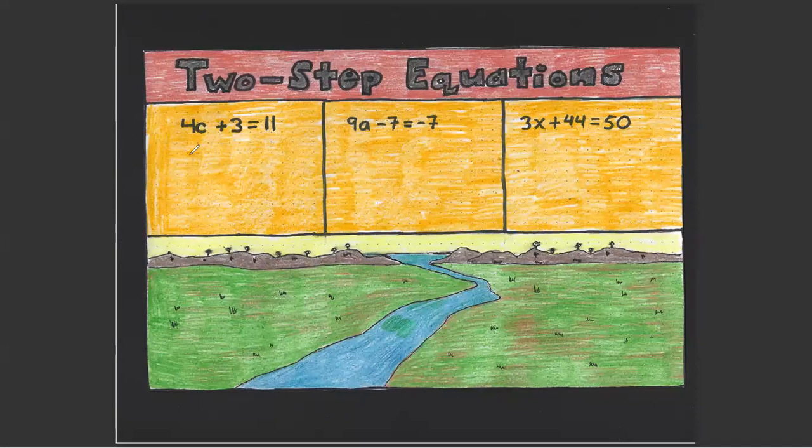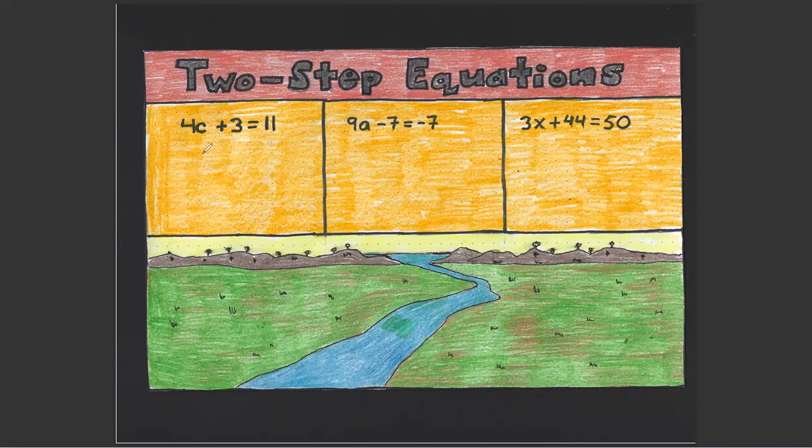Sometimes your teacher might ask you, whenever possible, to get your variables on the left side and your numbers on the right side, although it's not necessary all the time, but it is a helpful way to approach two-step equations. And so with that in mind, let's get started with 4c plus 3 is equal to 11.